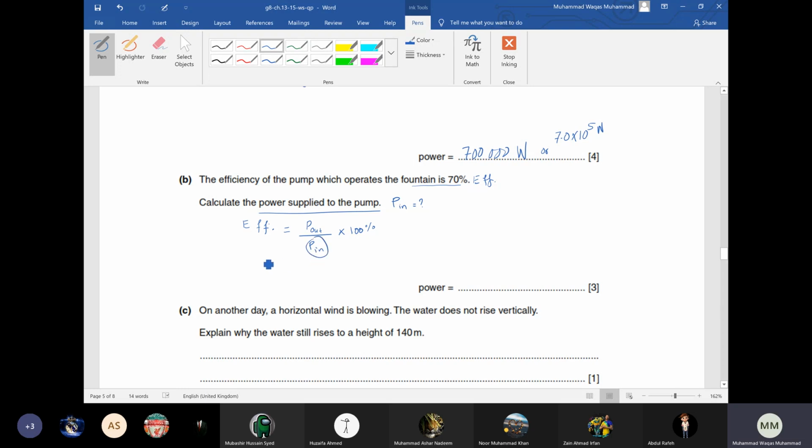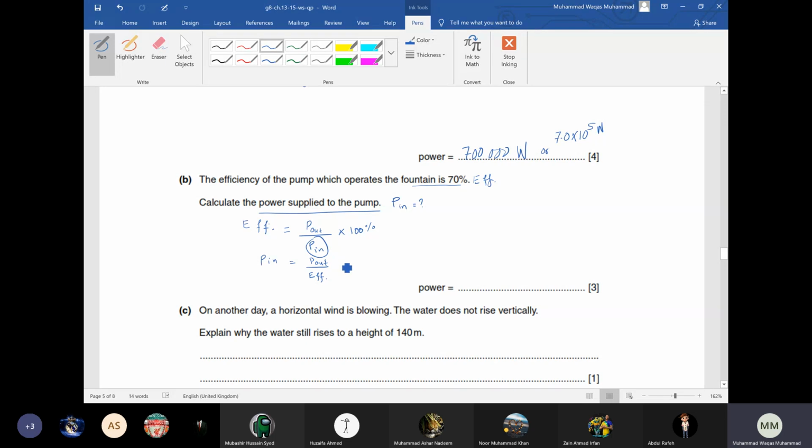So beta, P in will be equal to P out, power output, over efficiency, right? I just rearranged this equation.